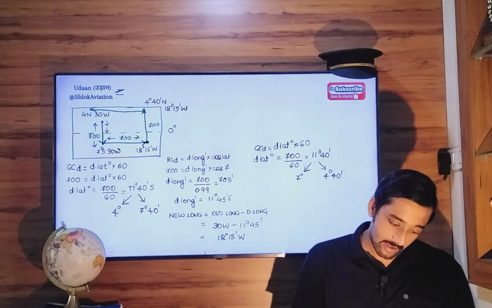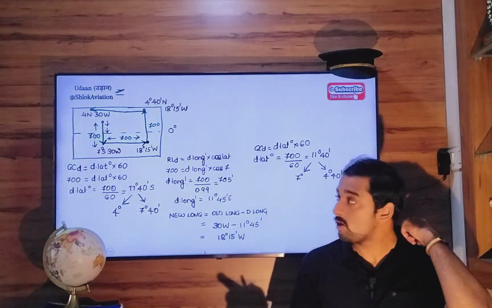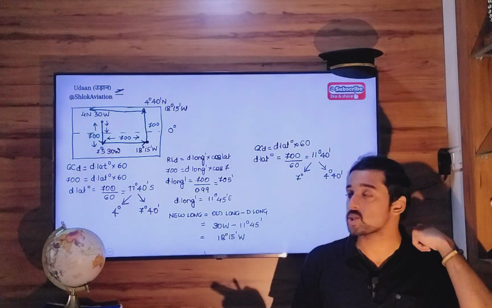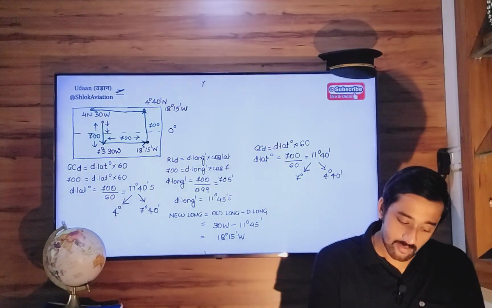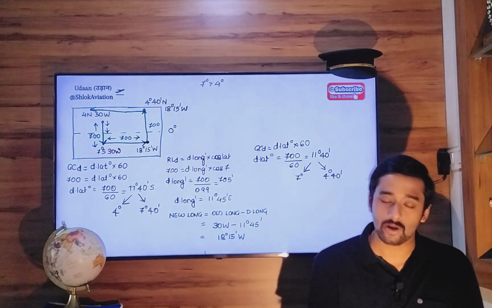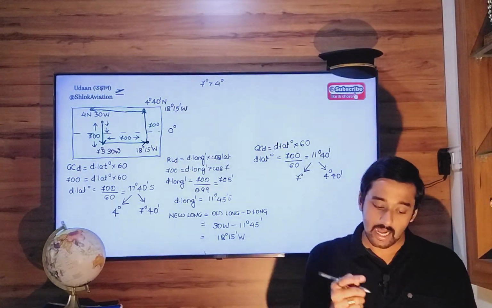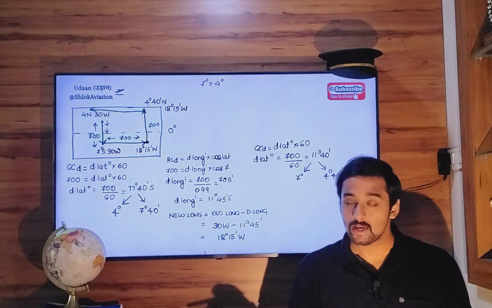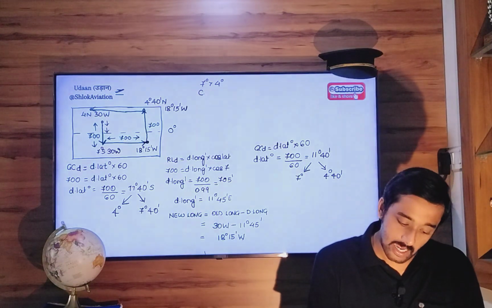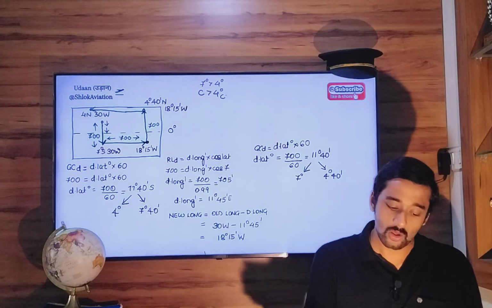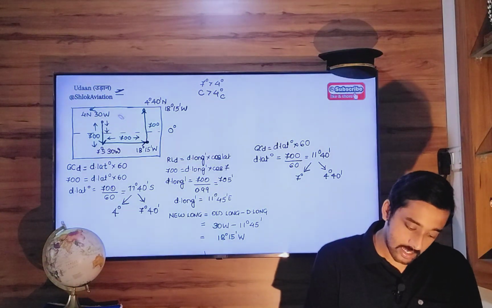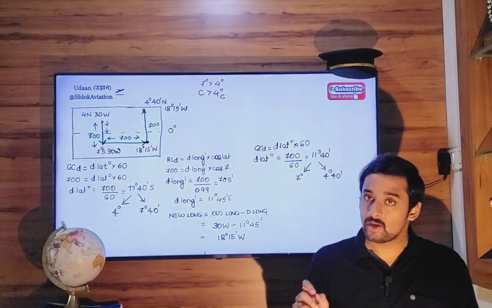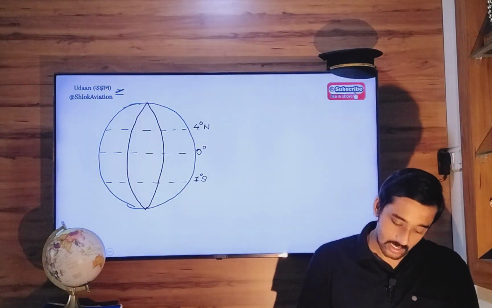So now here we have 7 degree south latitude and 4 degree 40 minutes north latitude. So 7 degree is more than 4 degree 40 minutes. So convergency at 7 degree will be more than convergency at 4 degree north latitude. That means, I'm erasing this, that means 700 nautical miles, I will show it here.